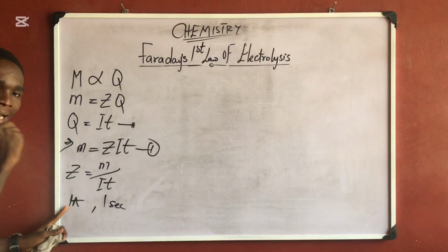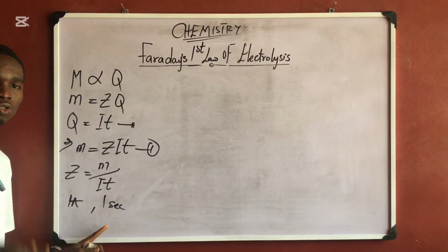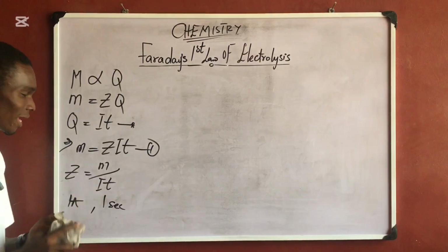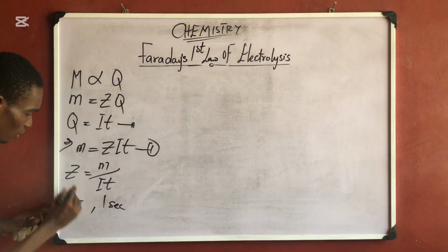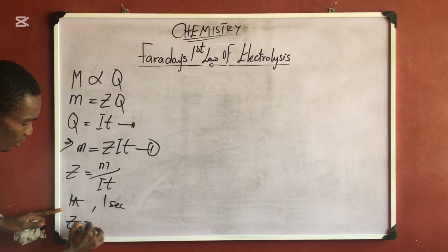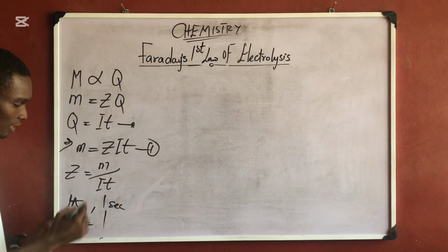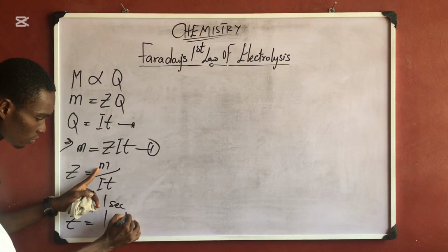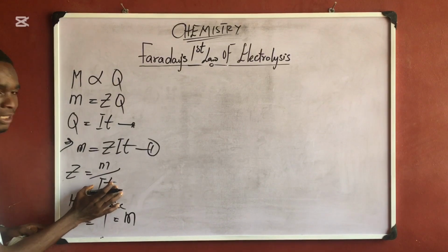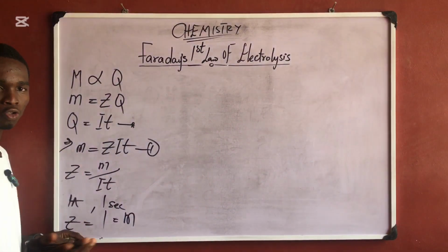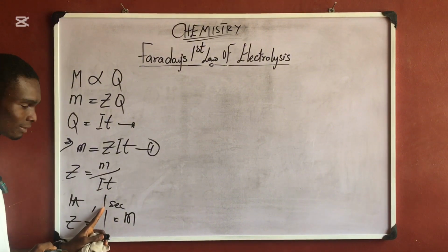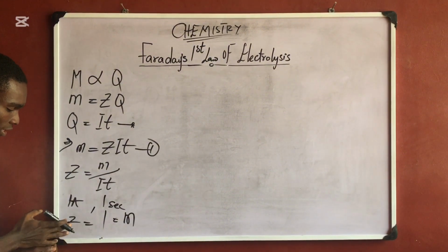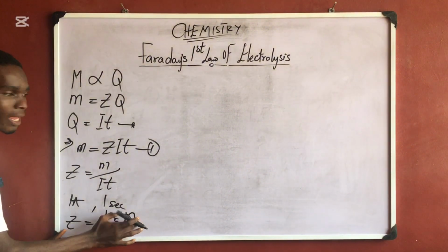When 1 ampere of current passes for 1 second, we have the electrochemical equivalent. Therefore, the electrochemical equivalent is equal to the mass, when current is 1 and time is 1, that means Z will be equal to M.